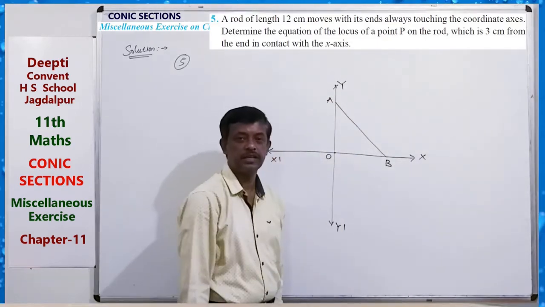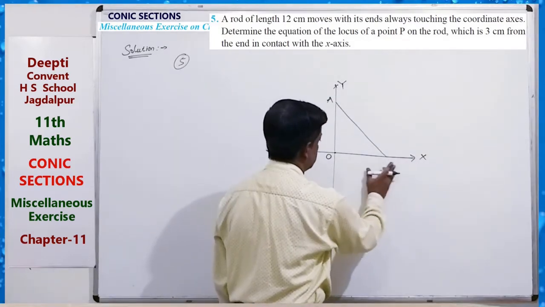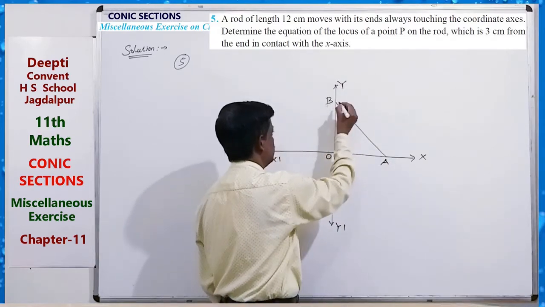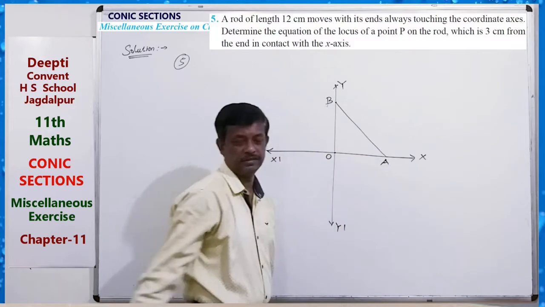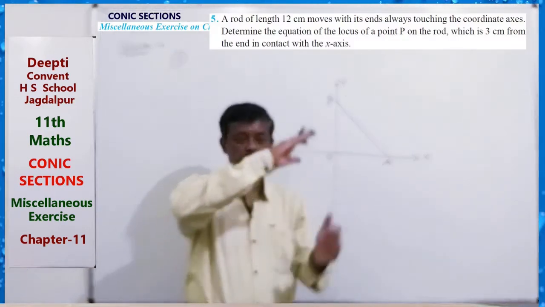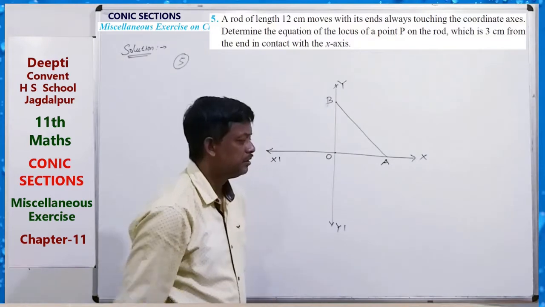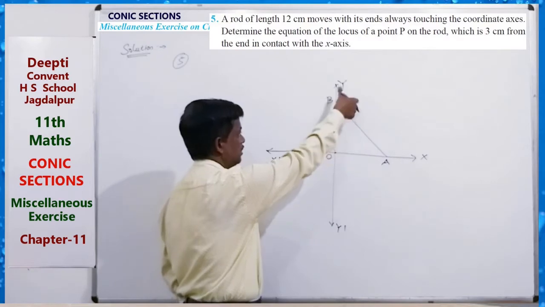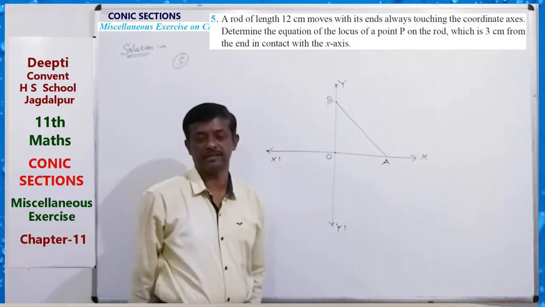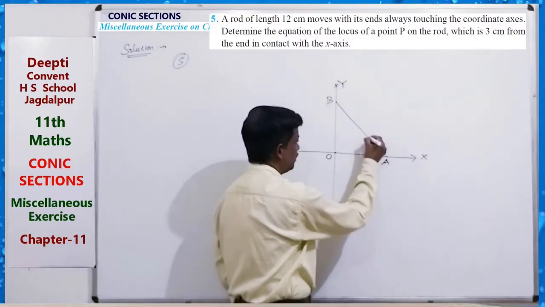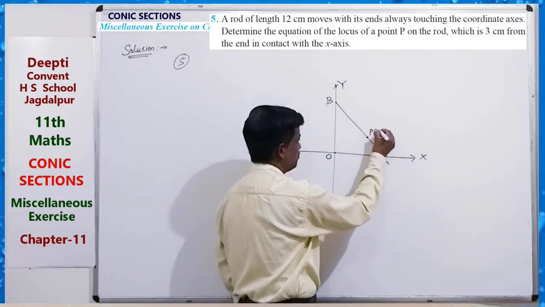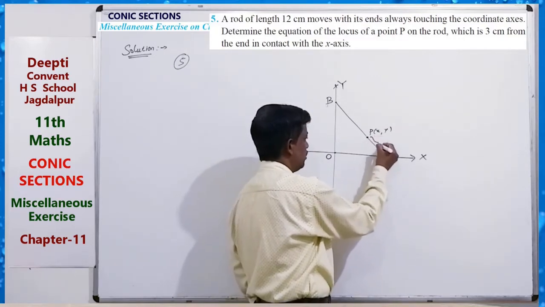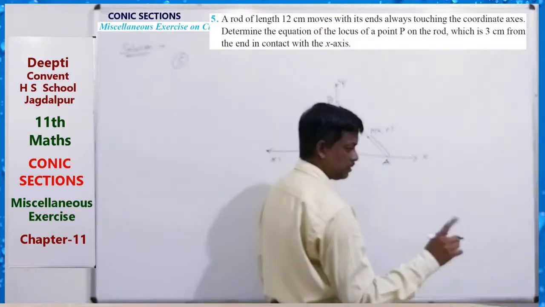So here write A and here B. This is a rod, origin this is axis, so the two ends are sliding on these axes. So from one end, suppose P(x, y) is a point on the rod at a distance of 3 centimeter.